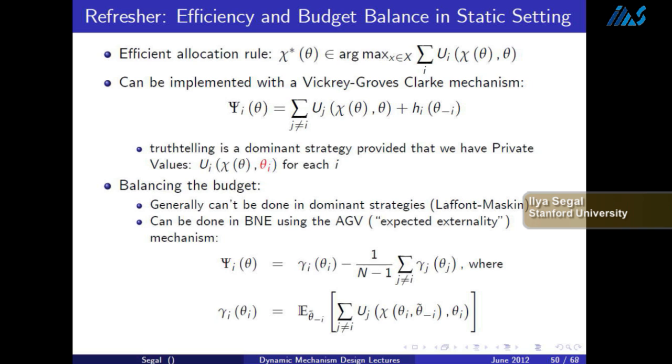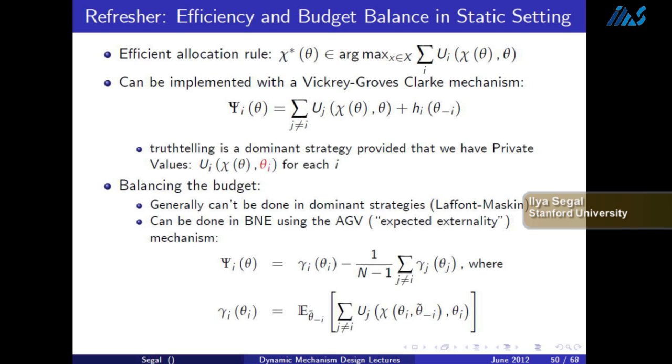Of course, it's still not budget balanced, but now budget balance is not a big problem, because this incentive term of agent i depends only on his own report, not on anybody else's report. That means that we can ask this term to be paid by the other agents without affecting the other agents' incentives. So now if you look at the previous line, that's how the total transfer is constructed.